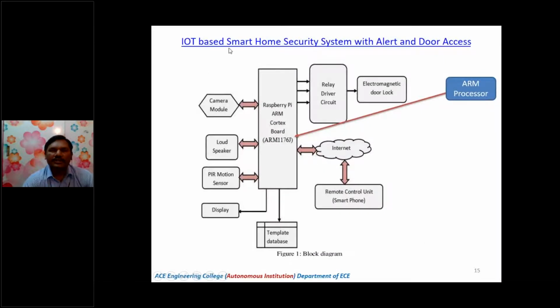And this is an IoT-based smart home security system with alert and door access. In this system also we are using an ARM 776J, which is called an ARM processor. And this is an IoT application.